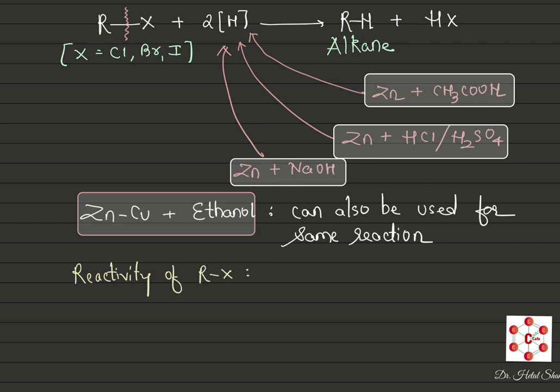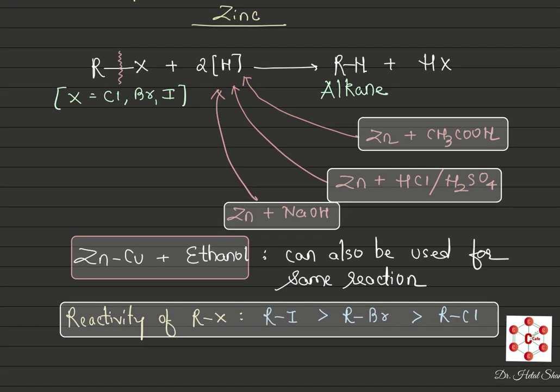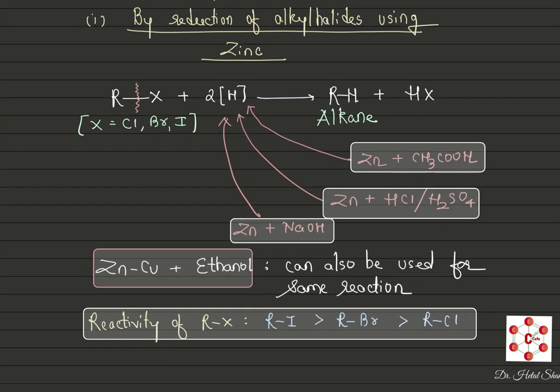Here it is RI greater than RBr greater than RCl. This is the reactivity order for the same. Is that okay? This is the reactivity order. Clear? All good?